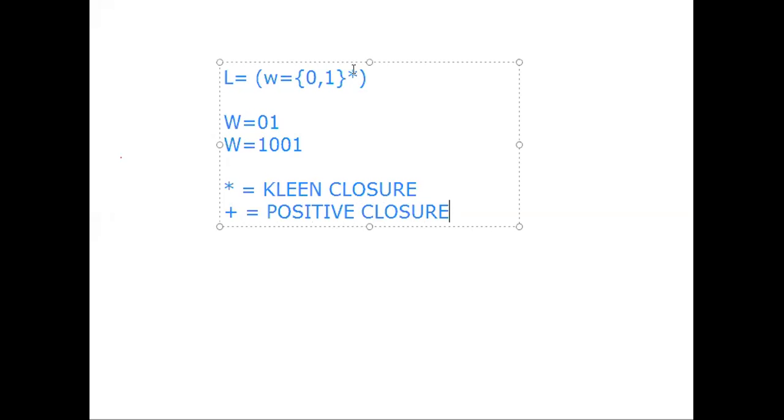A single alphabet, but any alphabet, is called a positive closure. Whichever alphabet you are going to use, yes, but you can use it only once. Whereas star means any alphabet and any number of alphabets. That is the basic difference between these two.